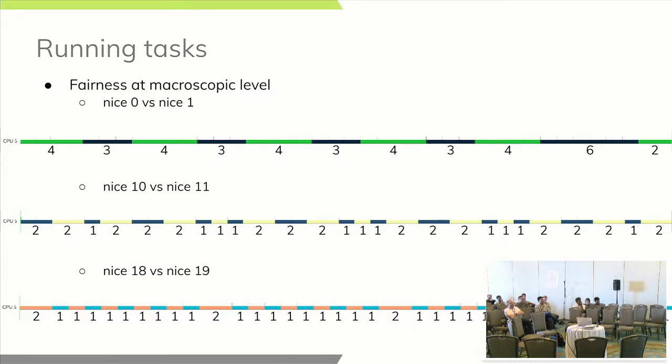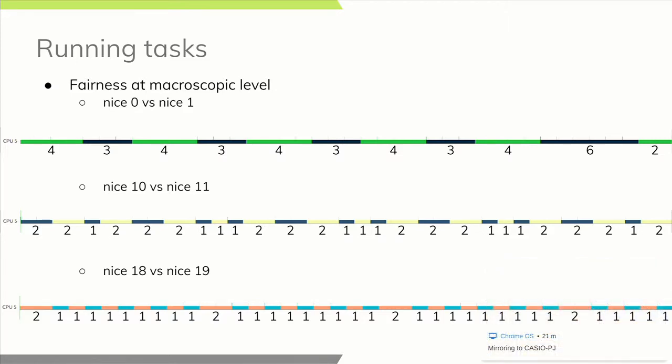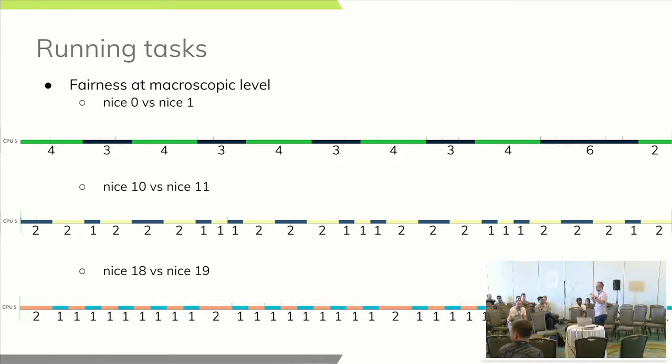As I explained, your vruntime will increase faster when you have higher nice priority. The decision to switch from one task to another one is based on the vruntime value, and this happens on every tick.